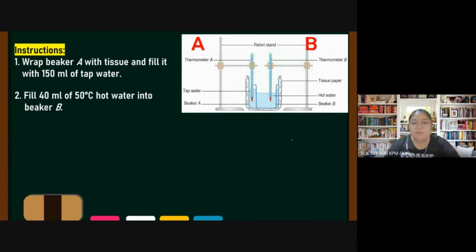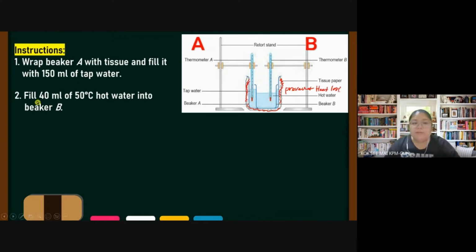Okay, one of the questions they will also ask: why wrap the whole beaker using tissue paper? The reason is to prevent heat loss. I want to be a bit more accurate, so I prevent the heat loss.